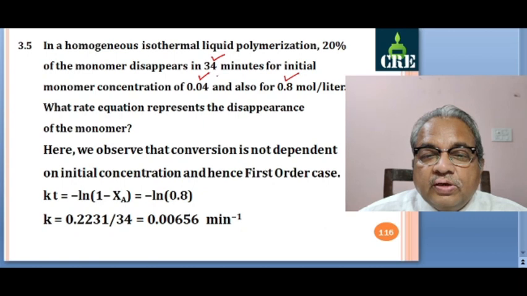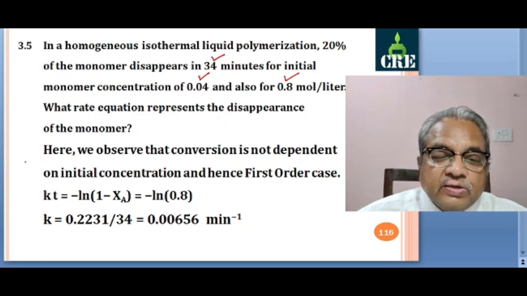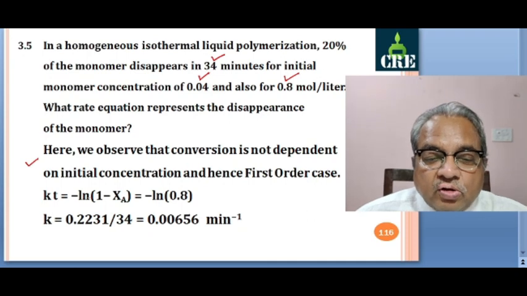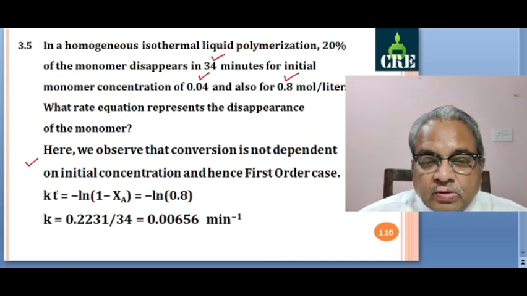So what we observe here is conversion is not dependent on initial concentration. That means definitely it is a first order reaction, because in the integrated form of first order, minus ln of 1 minus XA is equal to kt.